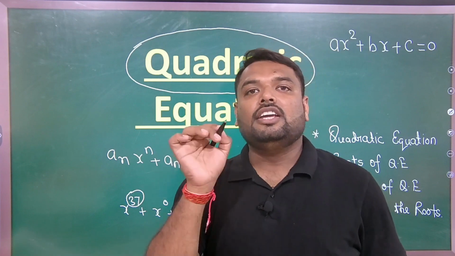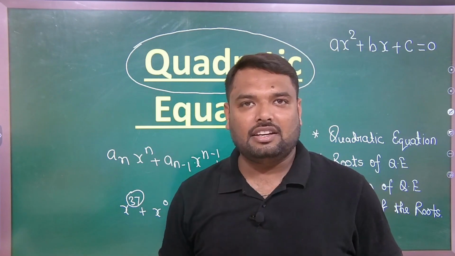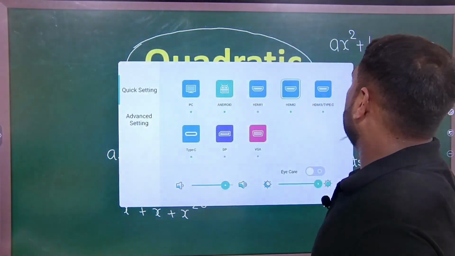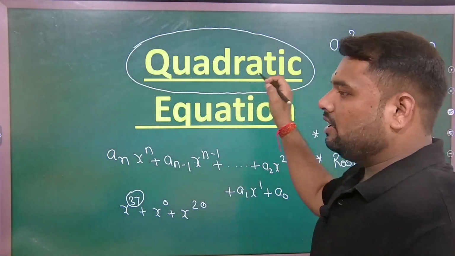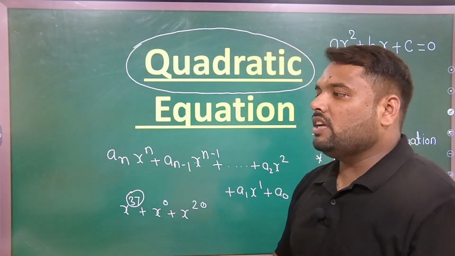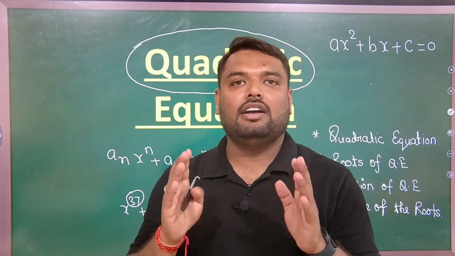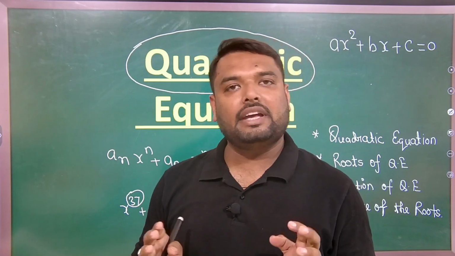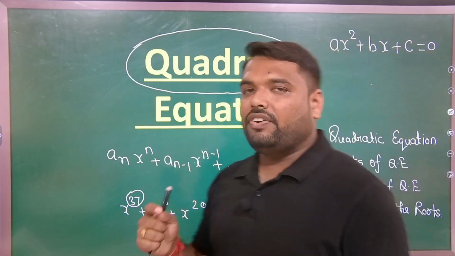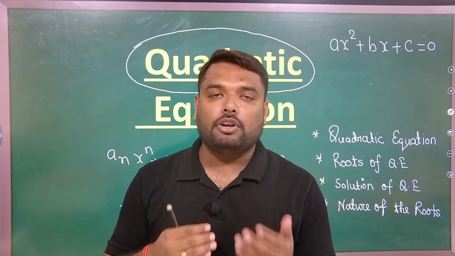Equation means you are using an equal sign with the polynomial. It is not always that there will be 0 after the equal sign, but in an equation it is a must that there will be an equal sign. So you got the basic difference between polynomial and equation.